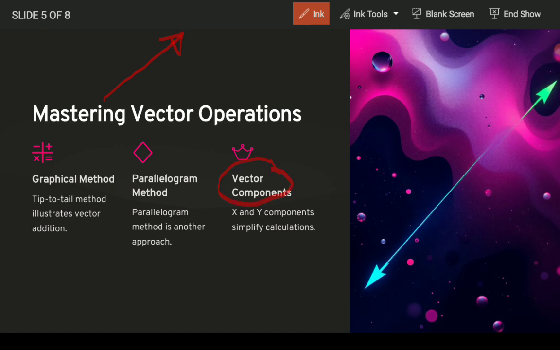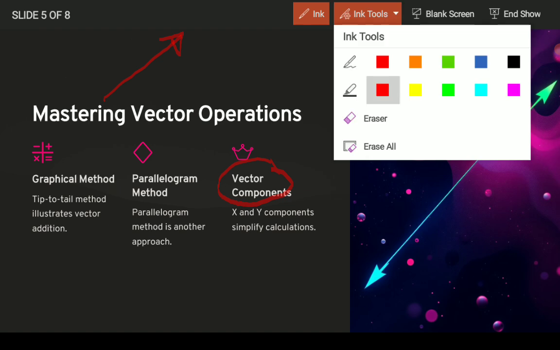Components are the vectors which were added in order to find this vector. A vector has two components.